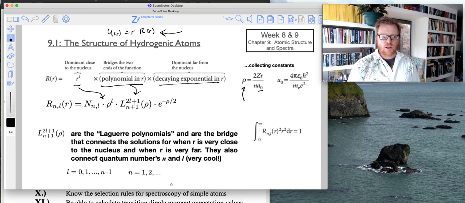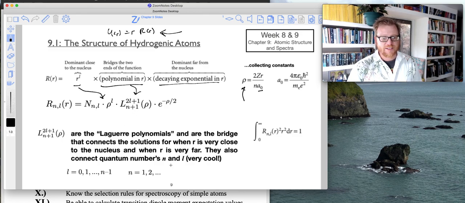When the Laguerre polynomials were developed, they provided the connection for n and L, and that connection is that L takes on all values 0, 1, all the way to n minus 1. These polynomials have standard notation based on that.